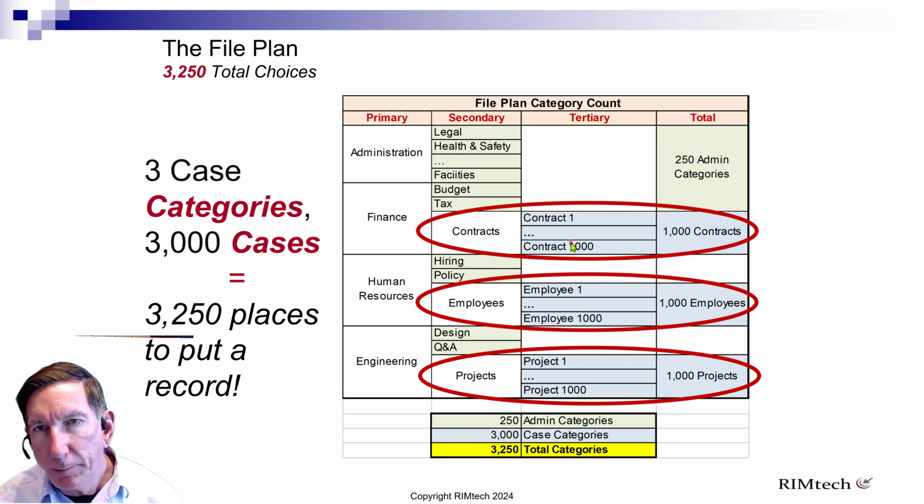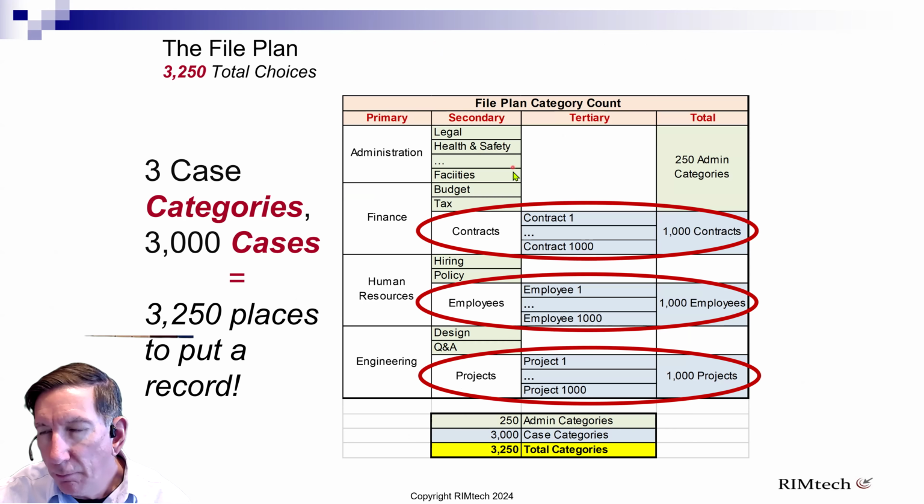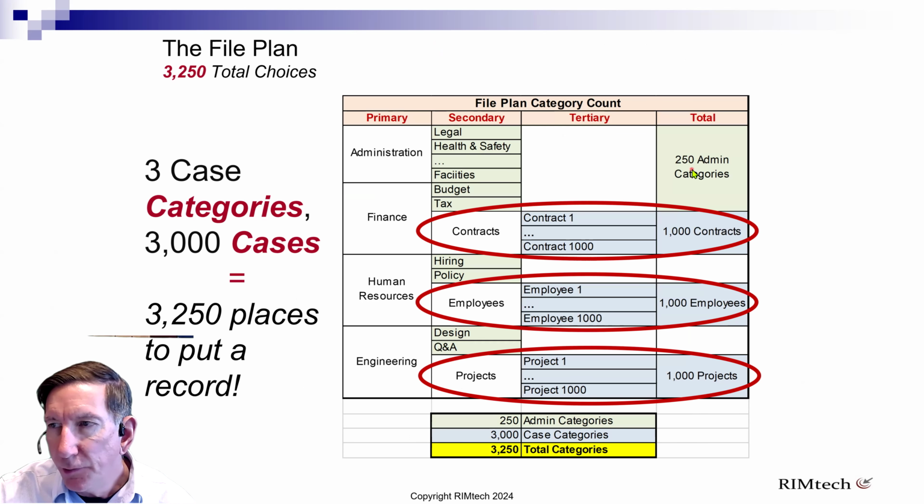So here's another example where we have a retention schedule with 253 categories in it. 250 are admin categories, and it has only 3 case categories: contracts, employees, and projects. But there are 1,000 contracts, 1,000 employees, and 1,000 projects.